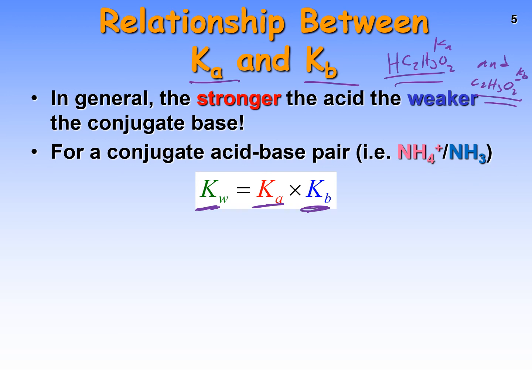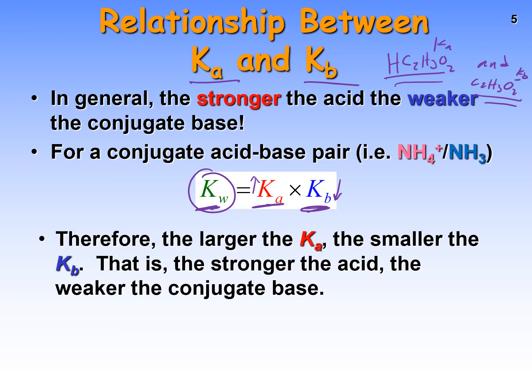Kw we know is 1 times 10 to the negative 14. And the consequence of this equation is, as this one goes down, this one must go up, because this is always equal to 1 times 10 to the negative 14. So as you get a stronger acid, you get a weaker conjugate base, or vice versa. So the larger the Ka, the smaller the Kb of its conjugate will be.